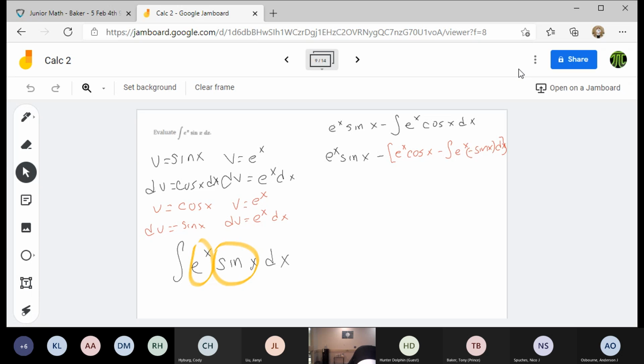All right, so let's clean this up a little bit. So I have e to the x sine x minus e to the x cosine x. And then I have minus the integral of e to the x sine x. All right, so what do you notice about my new integral?